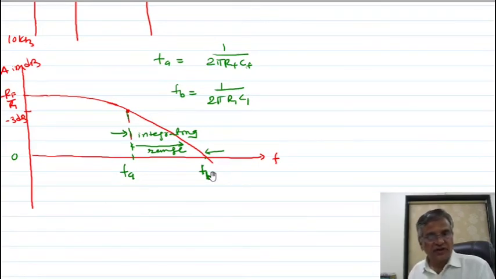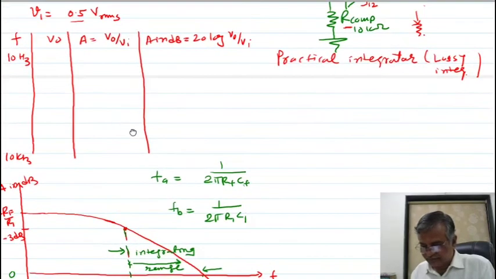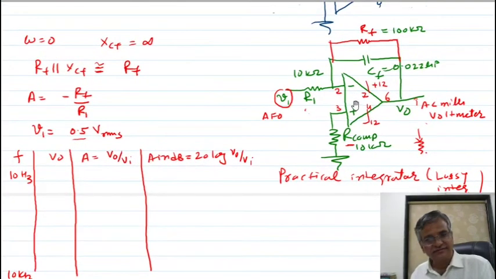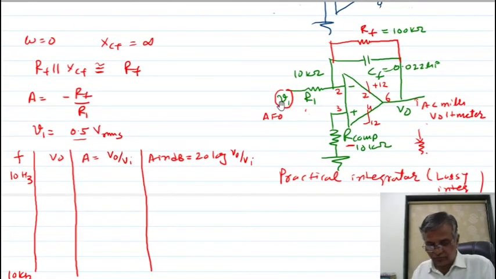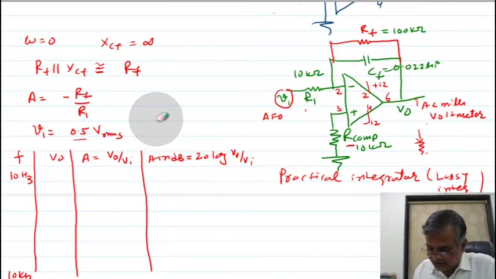This is the first part you have to do in your experiment. Again I am telling you what you have to do. You have to construct this circuit. Keep your input voltage at 0.5 volt and apply a sine wave voltage.